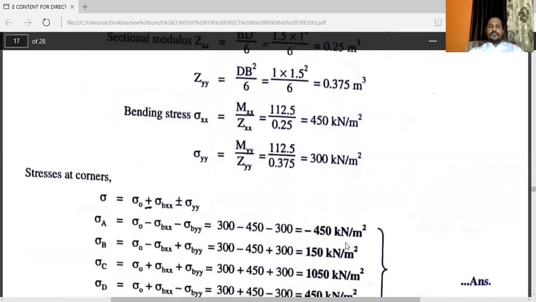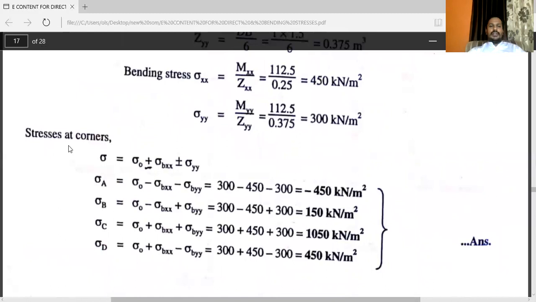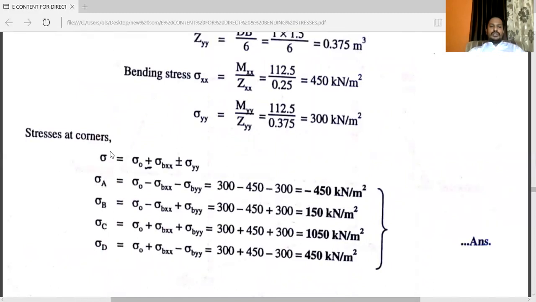Now see the stresses at each and every corner. Formula: total stress is equal to direct stress plus bending stress about xx plus or minus bending stress about yy. So here we have 4 points A, B, C, and D. You have to consider direct stress, bending stress at xx, and bending stress at yy.